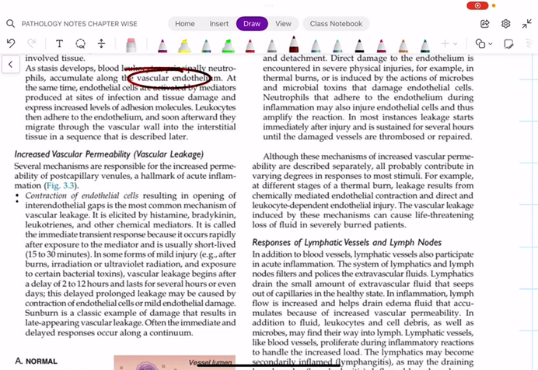Number one, contraction of endothelial cells. Here comes the question: what is the most common mechanism of vascular leakage? The answer is that endothelial cells start contracting. As a result, there will be gaps forming between the endothelial cells, and this will be aggravated by histamine, bradykinin, and leukotrienes. This response is called the immediate transient response.